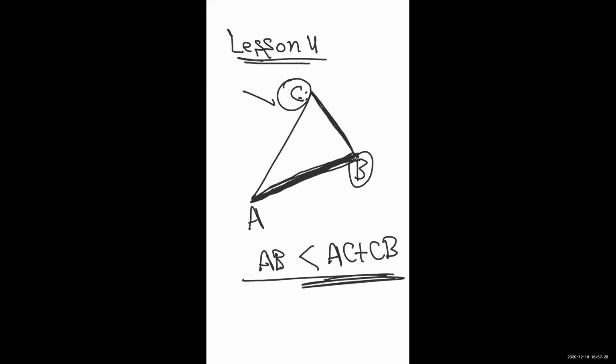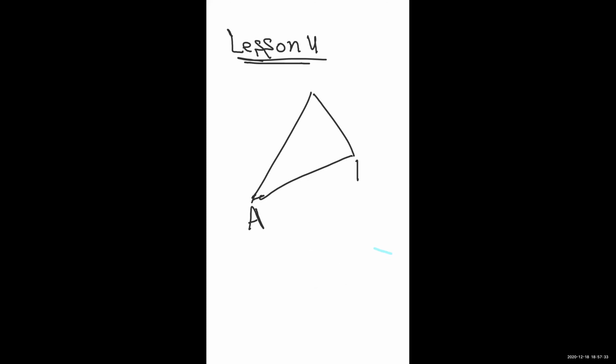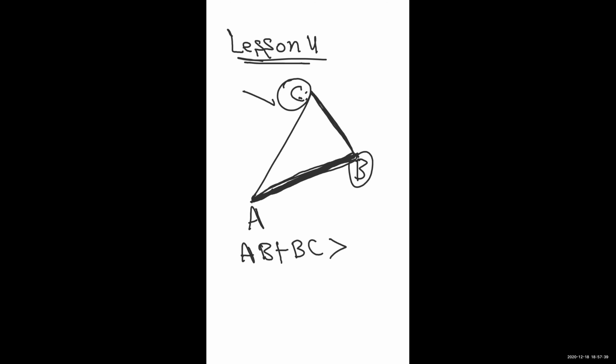Inside that triangle, AB plus BC is greater than AC, AB plus AC is greater than BC, and so on. Generally, the sum of two sides inside the triangle is greater than the remaining side. Are we clear? Yeah.